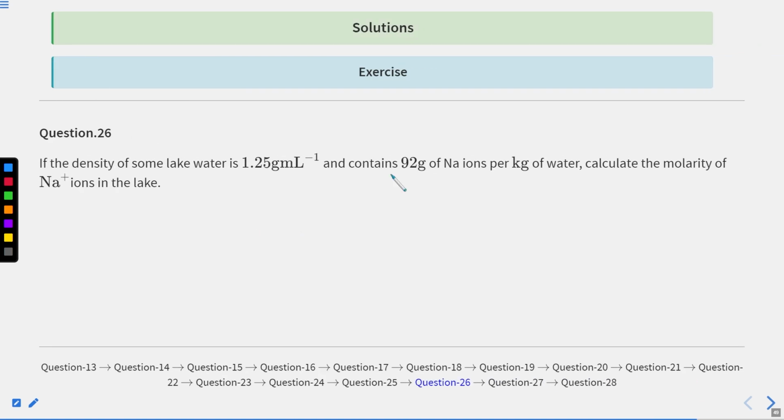What is the next question? If the density of some lake is 1.25 gram per milliliter, the density is given. If we convert it into gram per liter, then it would be 10 to the power 3 gram per liter, and it contains 92 grams of Na. Mass of Na is 92 grams per kg.